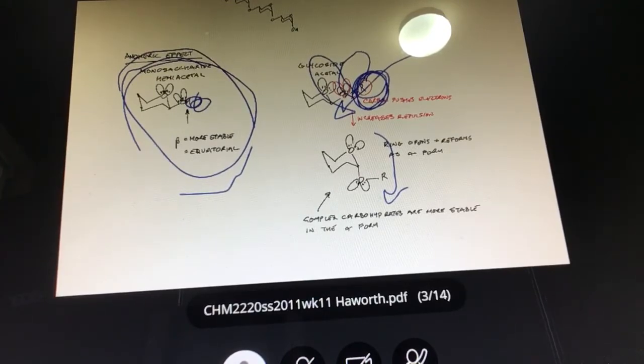That pretty much is the end of sugars. If you look at your test, it's probably the last question. If you look at the study guide that's up there or any of the previous tests, the last page is, here are some depictions of disaccharides.